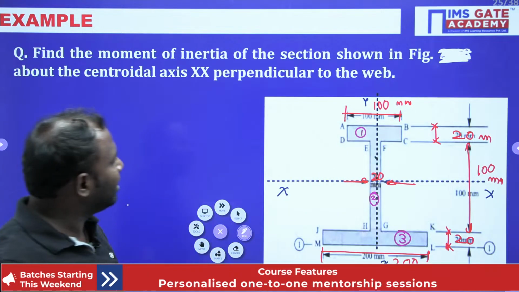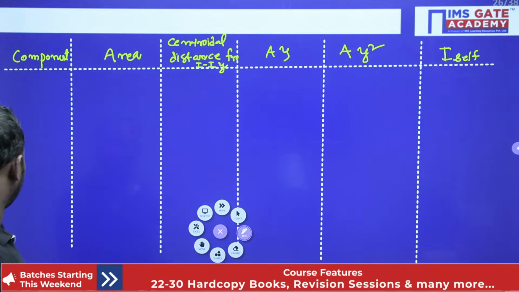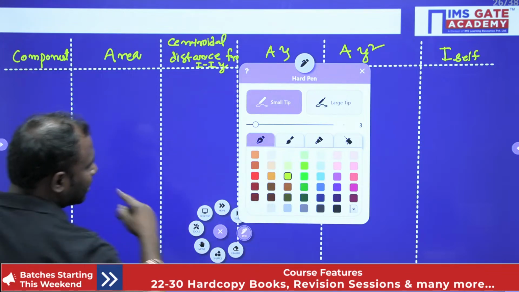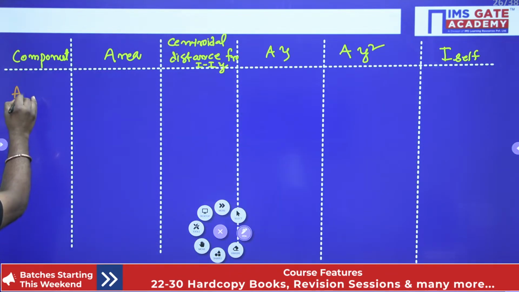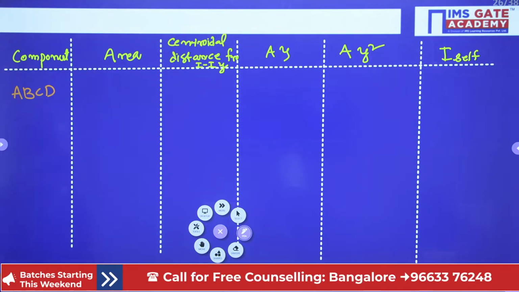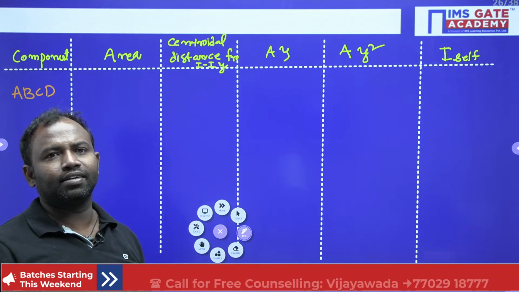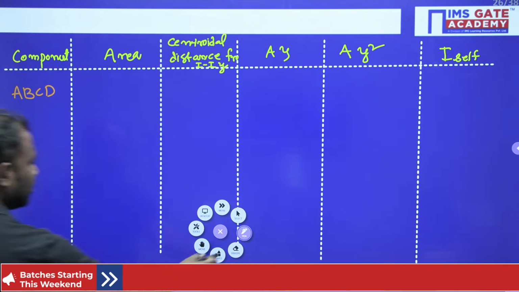So the first component is the ABCD component and its area is 20 by 100. Let us see if this color is visible. No, it is not visible, we will change it.